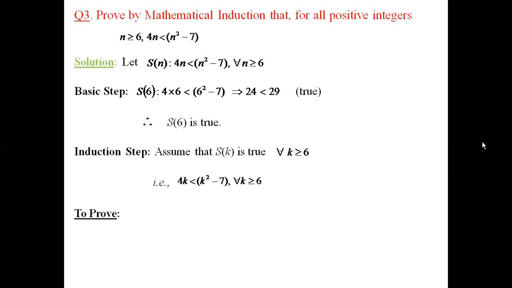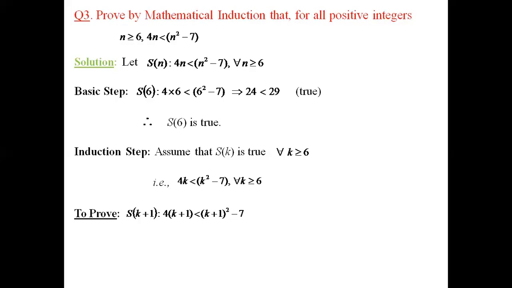We need to prove the result is true for the k plus 1th term. So that is S of k plus 1, which is given by 4 times k plus 1 is less than k plus 1 the whole square minus 7. Just by replacing k by k plus 1 in the assumption, we are able to write this.